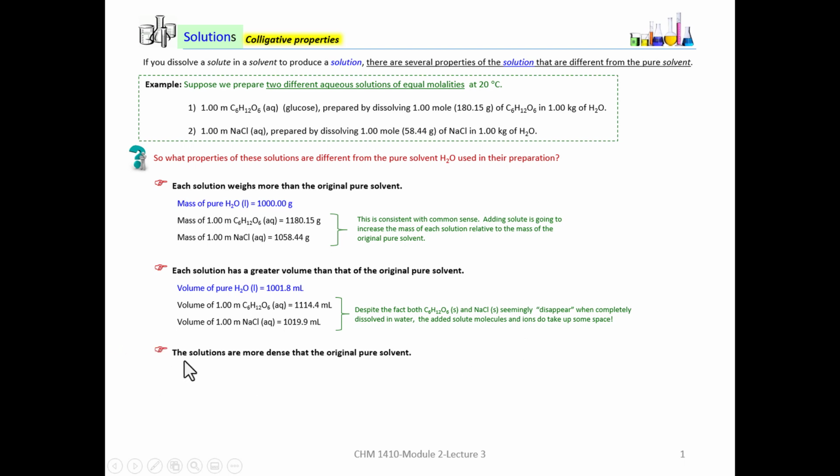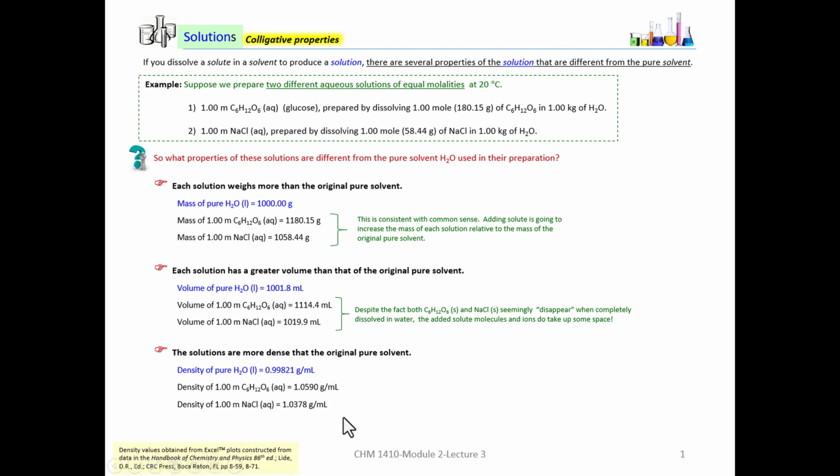The other thing is that the solutions are more dense than the original pure solvent. The density of pure water is just barely under 1 gram per milliliter. The density of a 1 molal solution of glucose is just above 1 gram per milliliter. And for the sodium chloride solution, it is not quite as dense as the glucose solution.